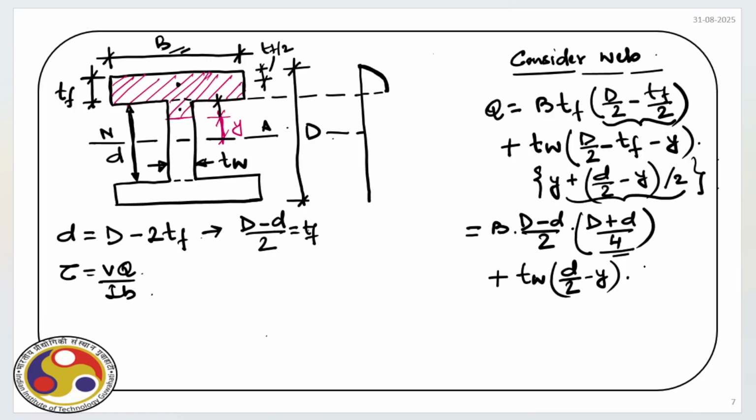You can simplify and it is half times d by 2 plus y. This is again a simple exercise. I leave it for you. You can easily cross verify.